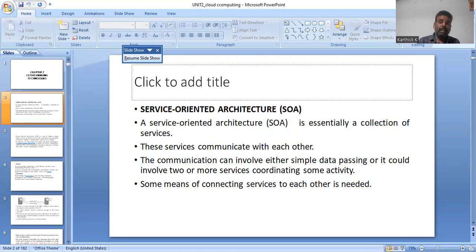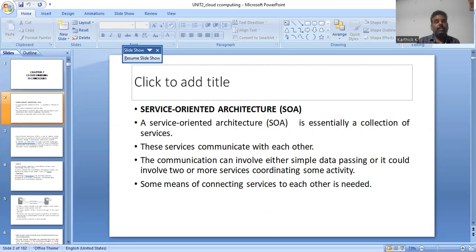Very simply, what is the use of SOA architecture? For example, if you are going to access any data in your mobile application, and your mobile application is developed in Java programming, imagine that the same Java programming will not be used at the server side.